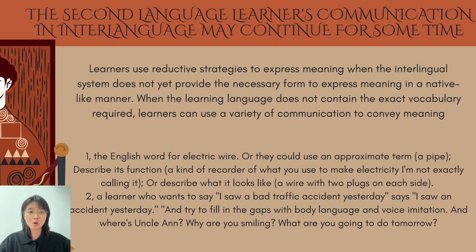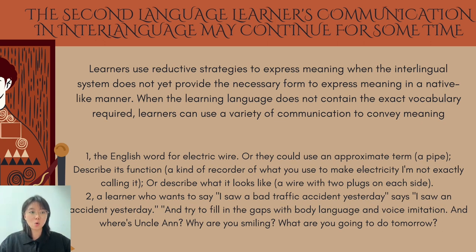Learners can use a variety of communication strategies to convey meaning, such as, first, if they do not know the English word for electric wire, they could use an approximate term, describe its function, a kind of thing you use to make electricity, or describe what it looks like: a wire with two plugs on each side.